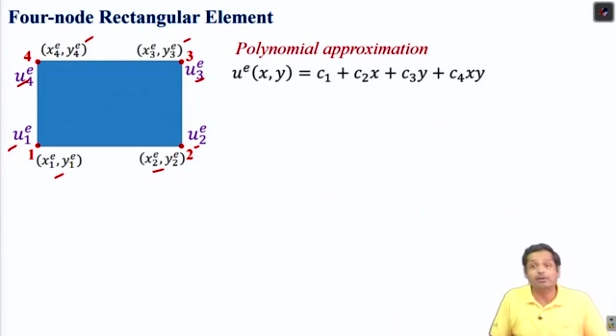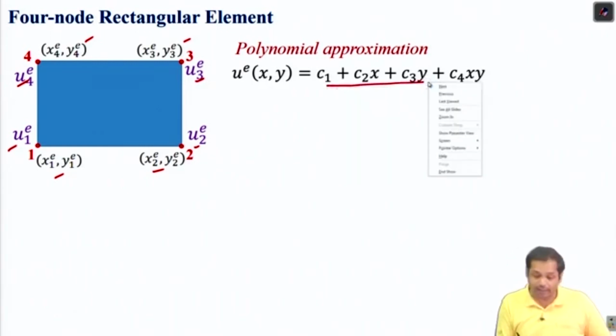Now you may say that this is not a quadratic approximation, though we have the xy term in this expression. This is called bilinear approximation. Okay, so if you have to comment on the completeness of this approximation, we have linear completeness, because we have taken all the terms required for up to first order completeness.